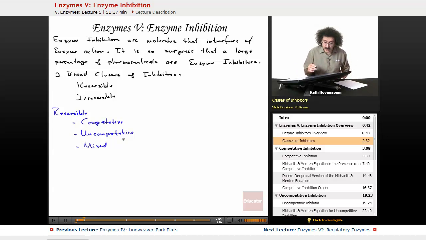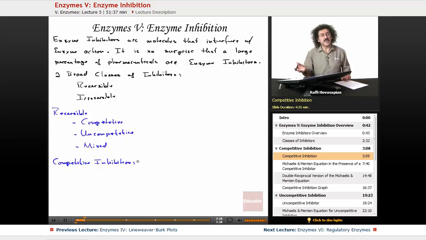Okay, so let's go ahead and deal with these one at a time. The first thing we're going to deal with is competitive inhibition. It's the most intuitive one, the one that is most easily understood. Competitive inhibition is exactly what it sounds like.